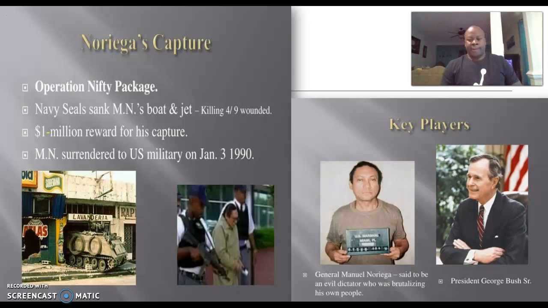All right, finally, the U.S. captured Noriega, but some things took place before they actually got a hand on him.